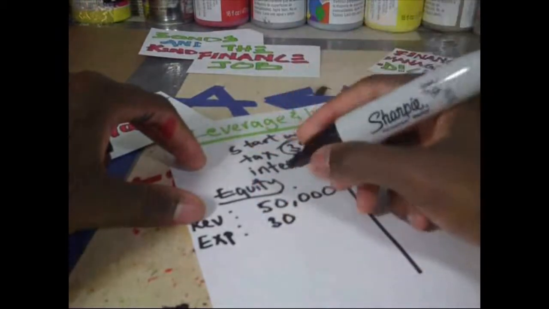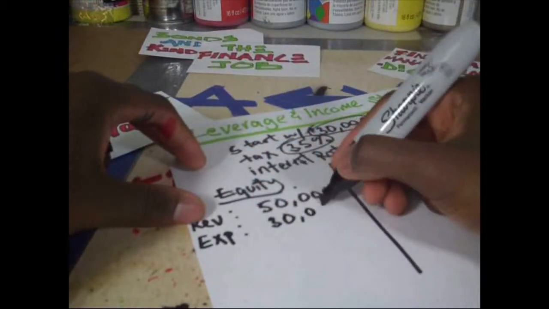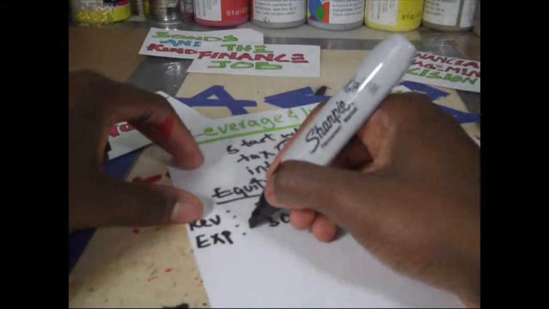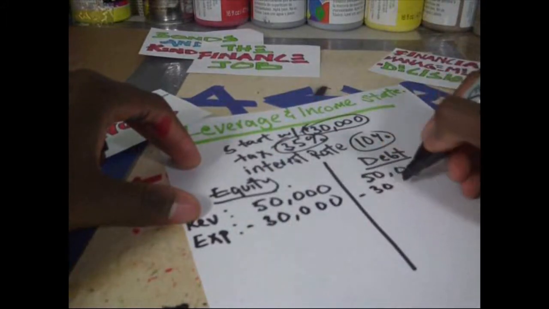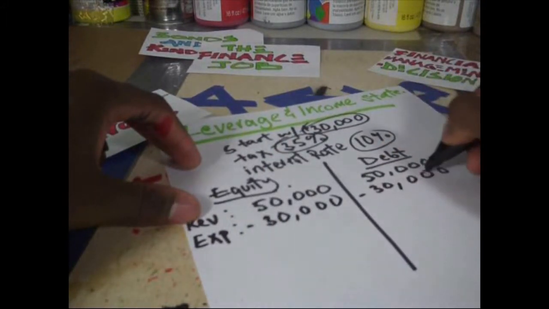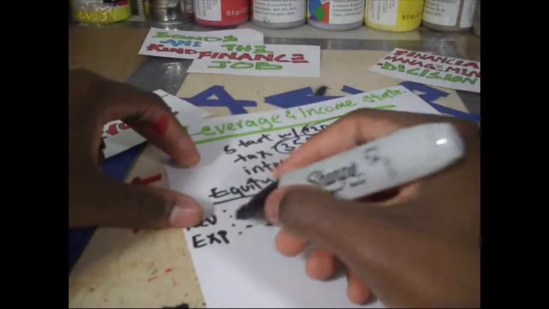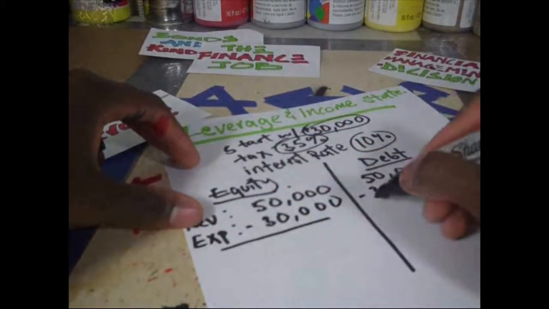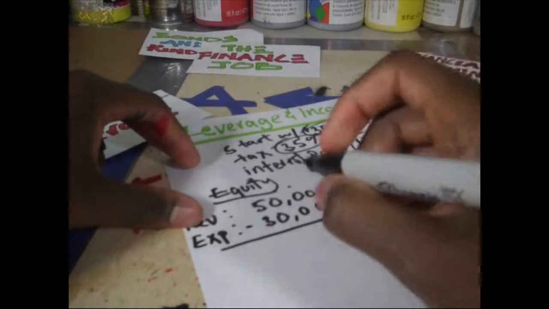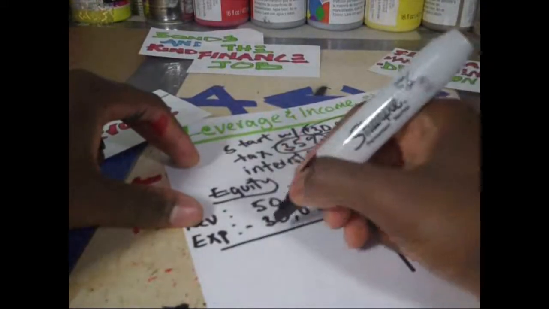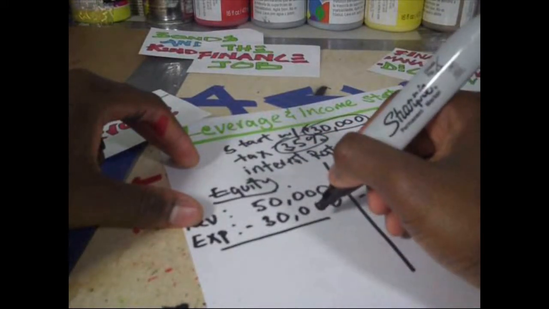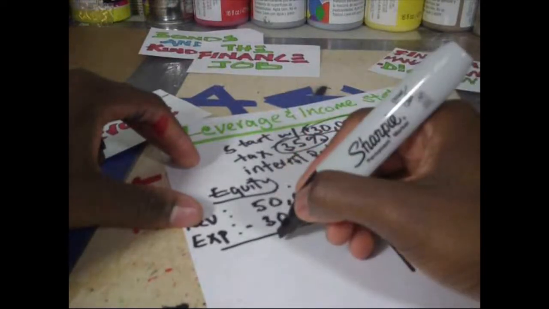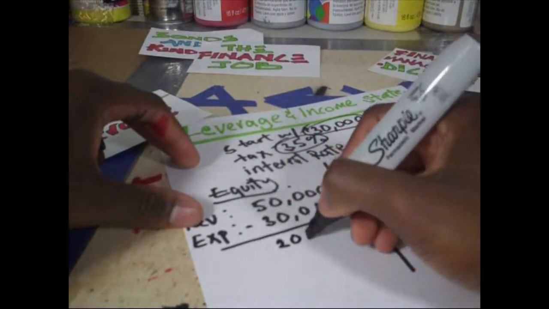Here, we're using our own money. Okay, so minus 30. Okay, so no one cares where the money's coming from. The expense is going to be the same, $30,000. So obviously, we have so far a gross profit of $20,000 on both sides.